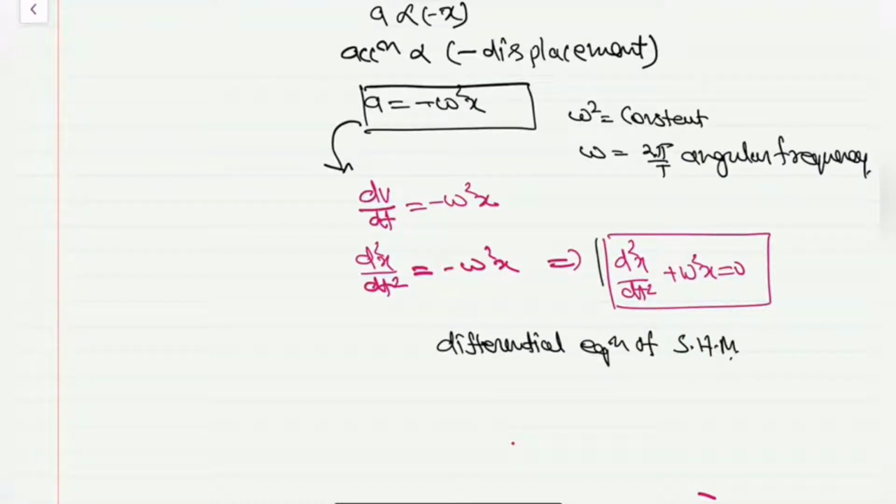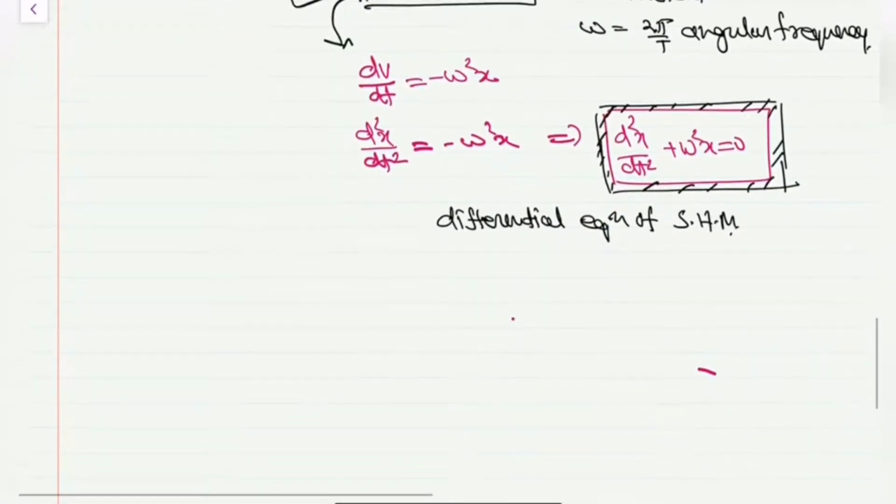However, the definition of SHM is always to say the acceleration is directly proportional to the displacement and opposite to the displacement. This is a special type of differential equation in mathematics.